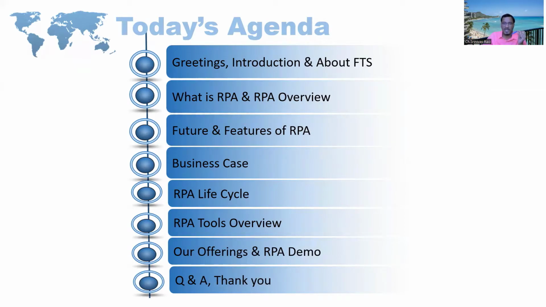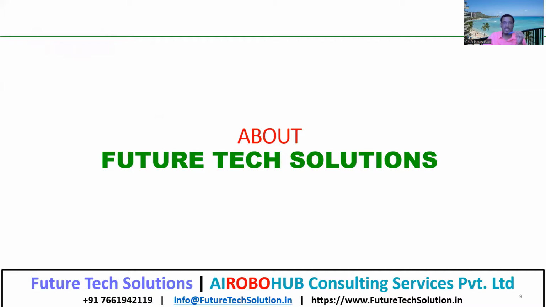Before starting, I would like to explain about my companies and the services we are going to offer in 2 minutes. With 19 plus years of strong experience in the IT industry, strong technical, architecture and delivery experience, I left my last company 2 years back and established Future Tech Solutions and AI Robot Consulting Services.